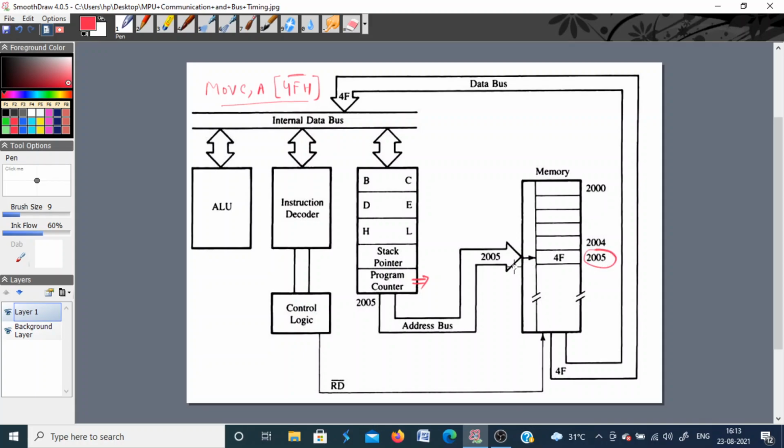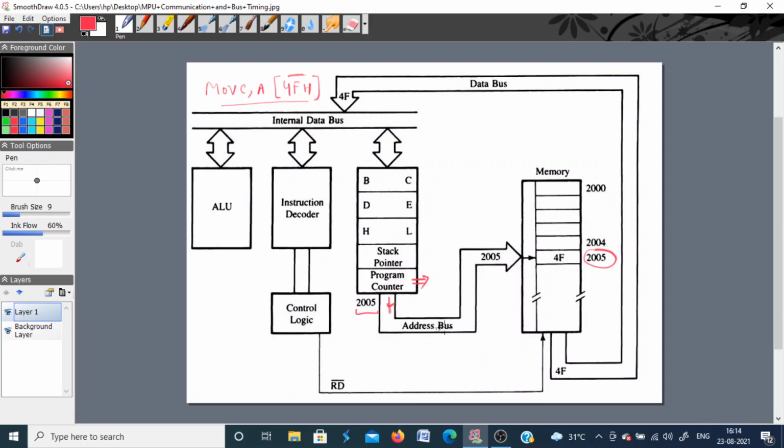Okay, so what is the first step? The program counter will be loaded with the starting address of the memory location, that is 2005. And this address is now placed on the address bus. Of course it is multiplexed, so you have 8 bits for the higher address and another 8 bits for the lower address. The latch, the ALE, is not shown here.